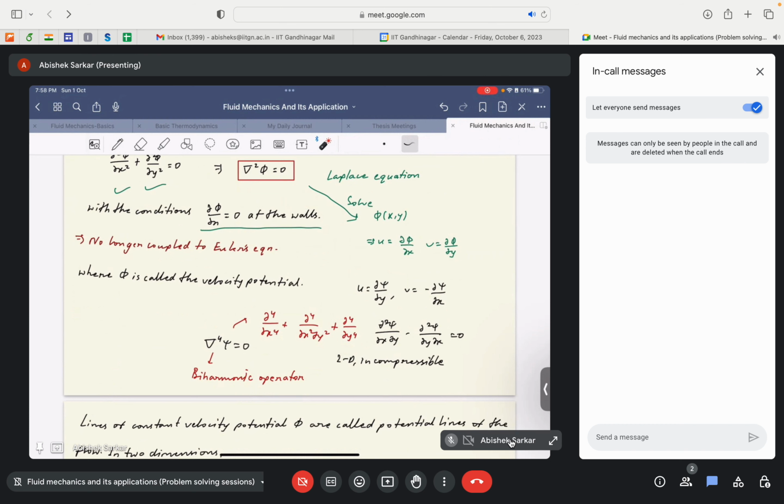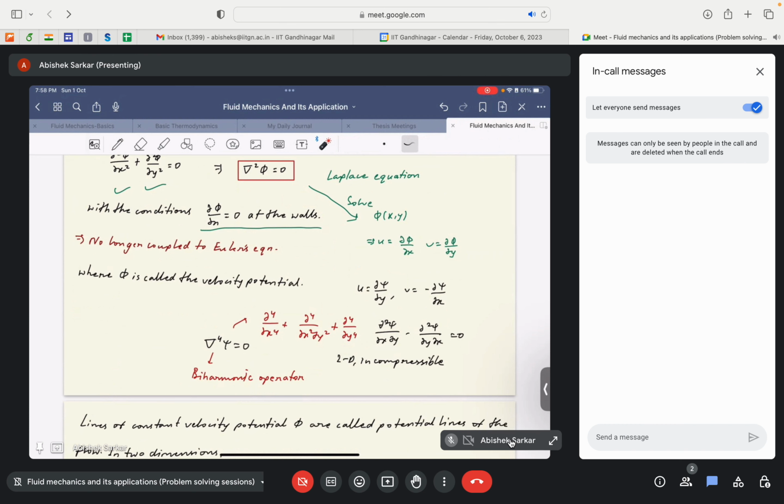So what I'm actually trying to point out is that I might have diverted a bit from the topic, but what I wanted to emphasize more is the beauty and the highly relevant nature of the potential flow, or the potential function. It simplifies the governing equation a lot, right? Since it's decoupled from Euler's equation, we do not need to deal with the non-linear equation.